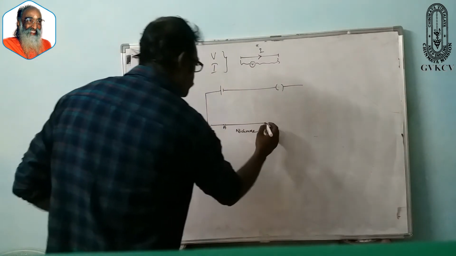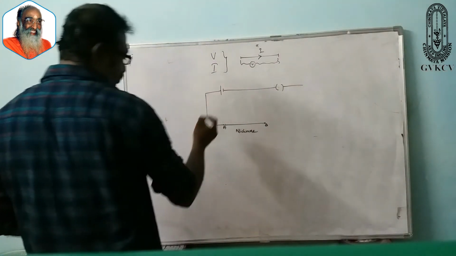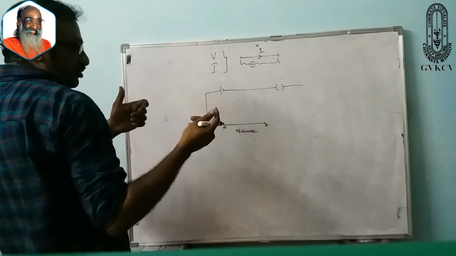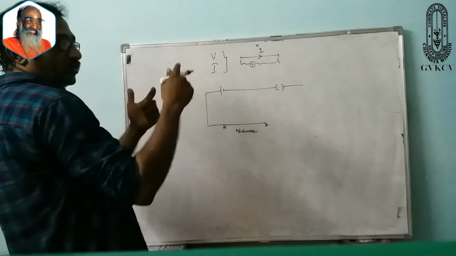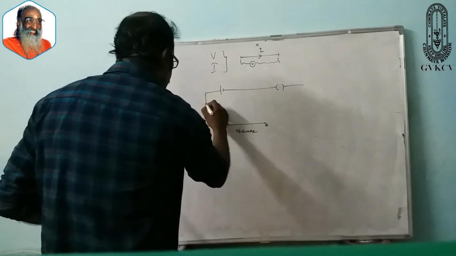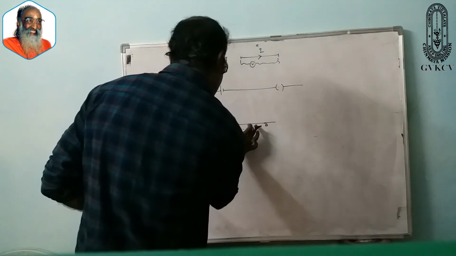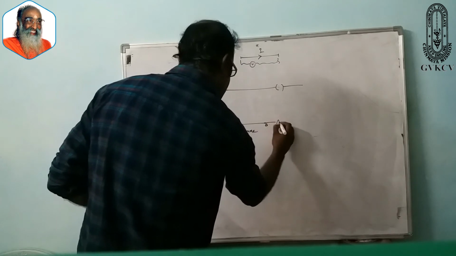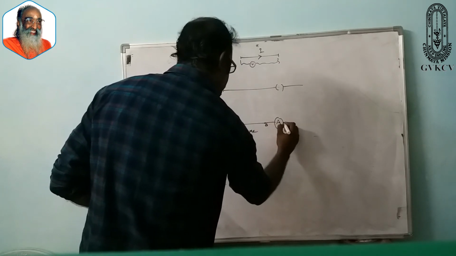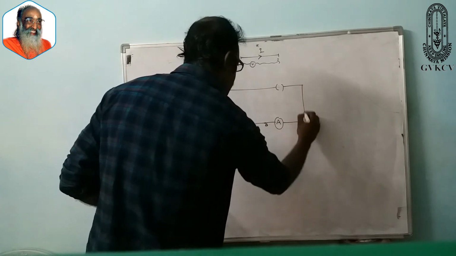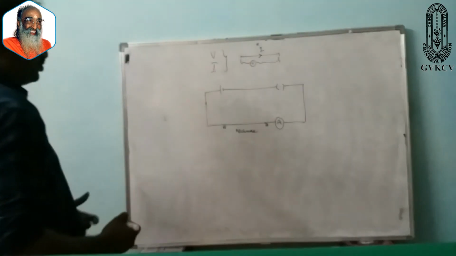The current goes from the positive to the negative, the conventional current, so it will be like this. The current can be measured by the ammeter, which is connected here. And now I want to find the potential difference across AB.